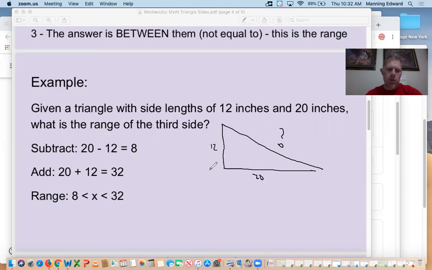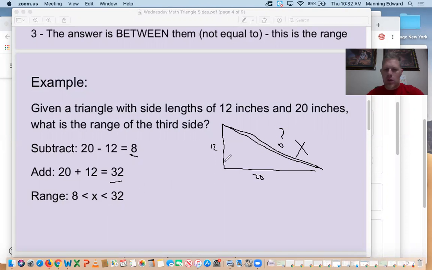There's only one way to find this out, and we do the subtraction, which gives 8, and then the addition, which gives 32. So this particular length is basically x, and it could be anywhere between 8 and 32: greater than 8, less than 32.